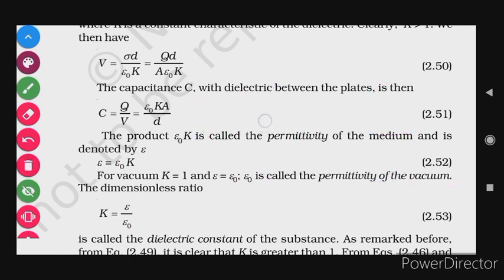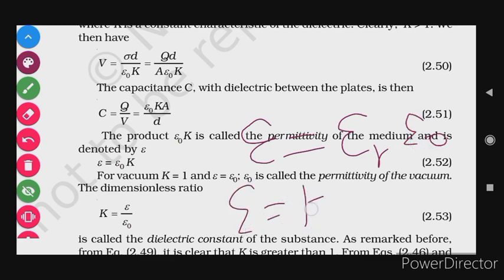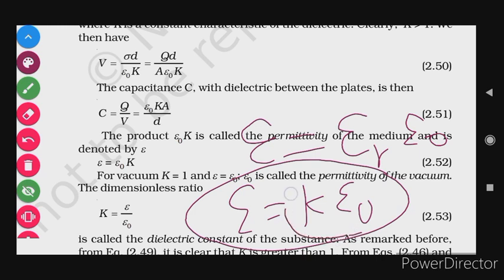From here, the permittivity of the medium is simply epsilon r, the relative permittivity, times epsilon naught, or k times epsilon naught, okay. You can say how many times the permittivity of the medium is more than the permittivity of free space.